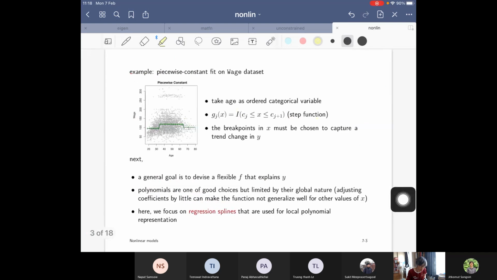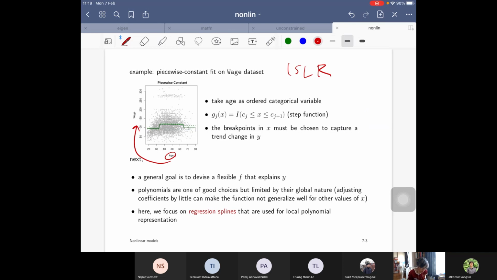This is an example of the wage data set provided in the ISLR textbook. This is the income of the population in the group of interest. They would like to explain whether age matters: do old people and young people have the same amount of income or not?